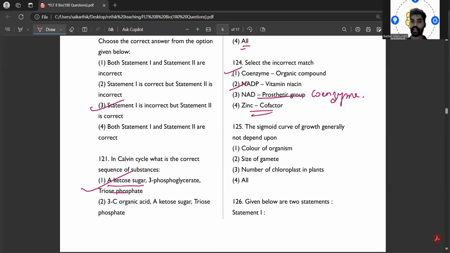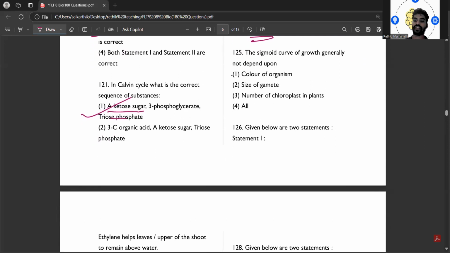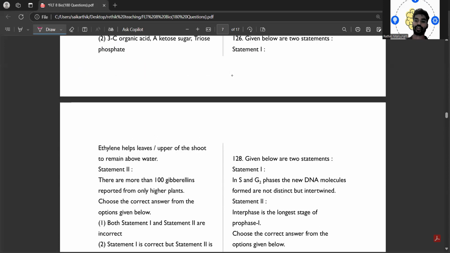So zinc, it is again a cofactor. So this is incorrect. So 125: the sigmoid curve of growth is generally not dependent upon what? It is not dependent upon color of organism, size of gamete, number of chloroplasts in a plant, all. Yes. So moving on to 126.